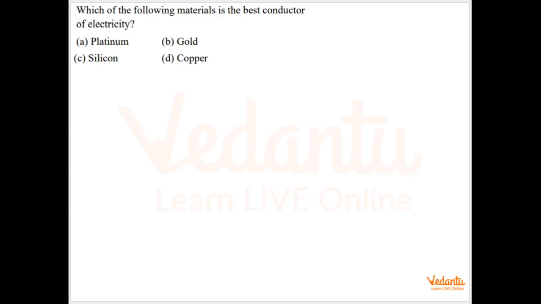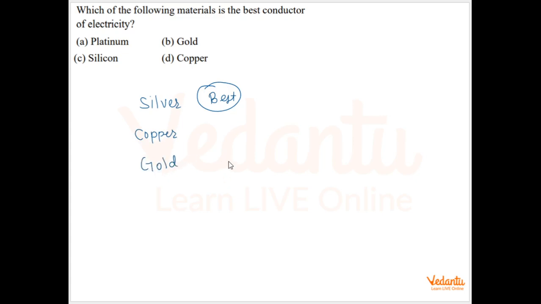Here we have to calculate which of the following is the best conductor of electricity. So as I told you, the best conductor of electricity is silver, which has the minimum resistivity. This one is the best. And the second best is copper and the third best is gold.